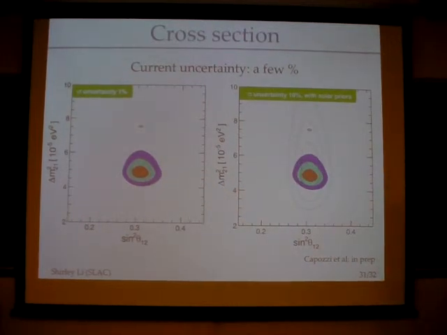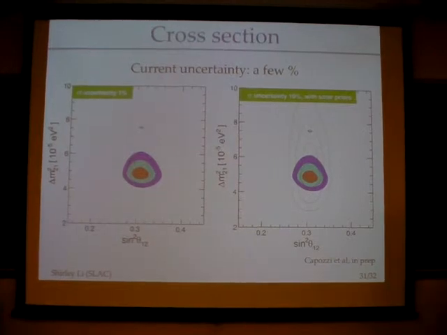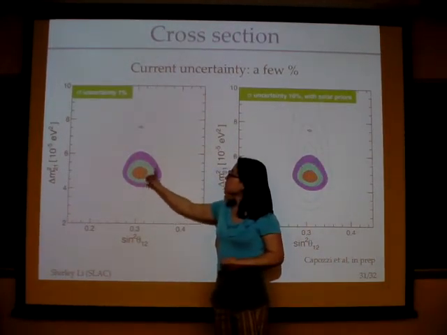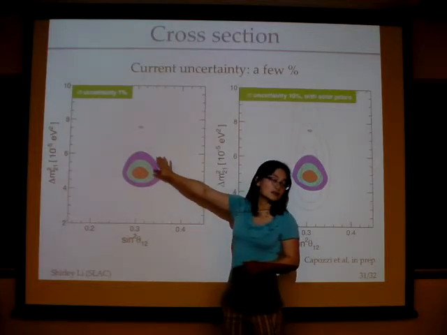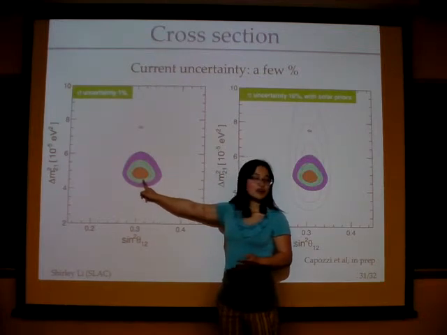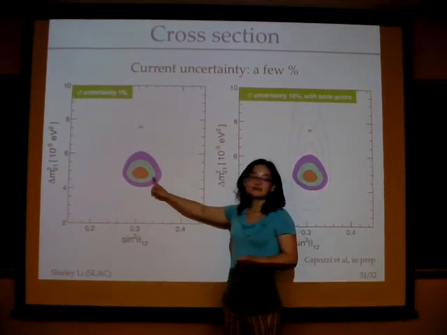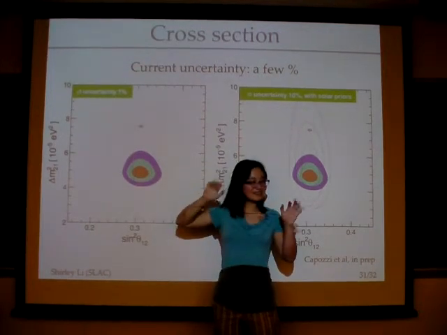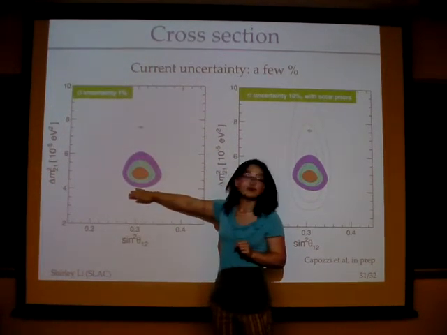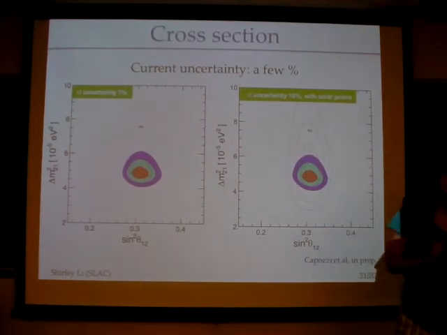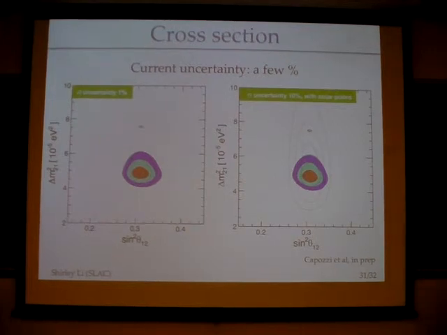So the dotted line should be compared with the green color. So the red, green, purple is new 1%, 1, 2, 3 sigma. That should be compared to the black dotted, that's our nominal. So basically, if you can take my word for it, the vertical didn't get any worse, but the horizontal got fatter. So that's 1%.